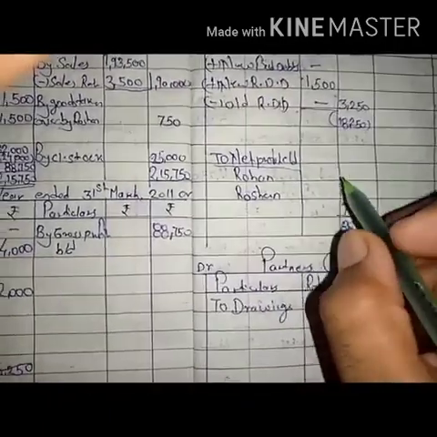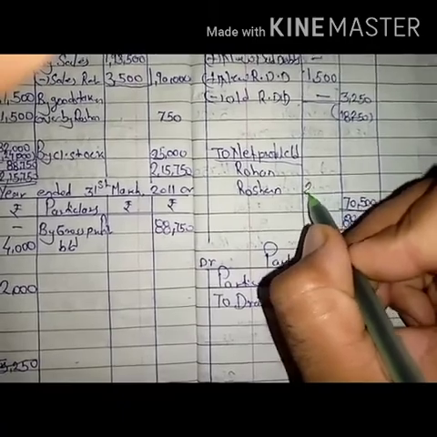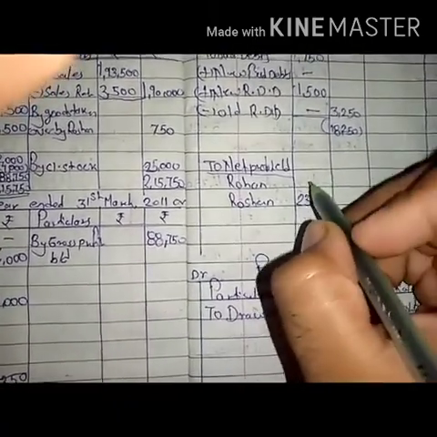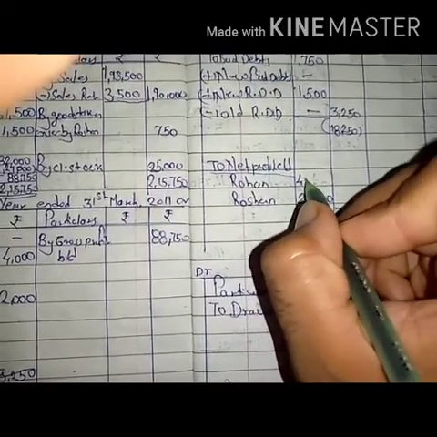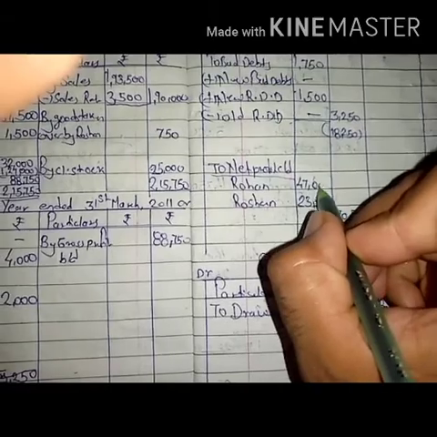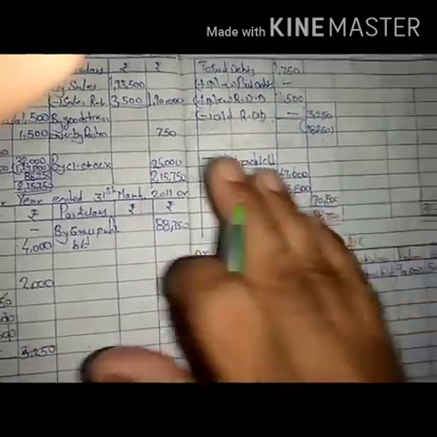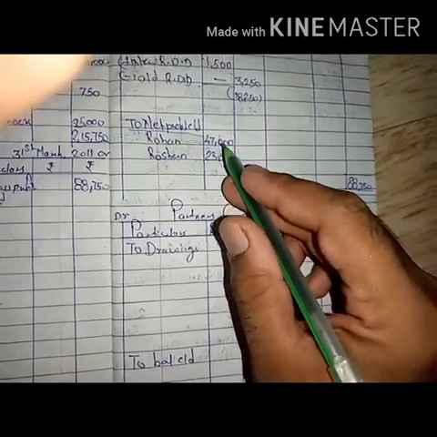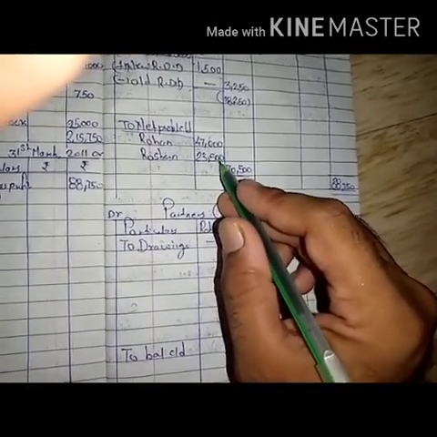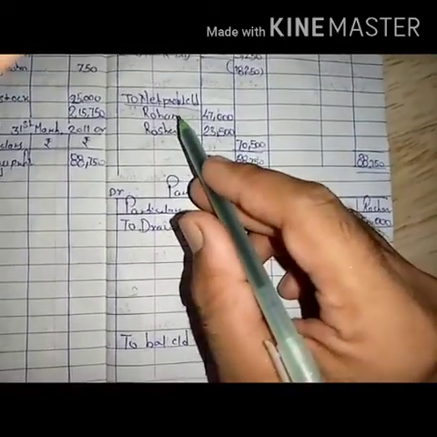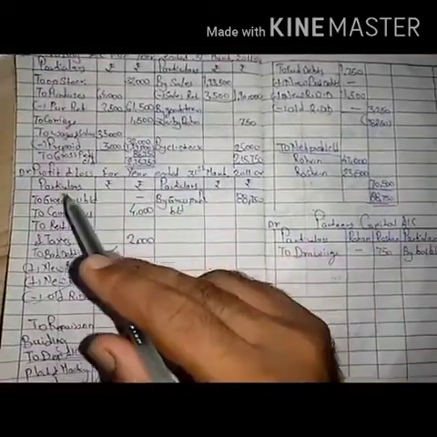As I divided, I found 23,500 one part, and after multiplying it by 2, I found 47,000. You can divide it by 3, you will find the one part. This is 2, this is 1, as the business has 3 parts. This profit came on the debit side of the profit and loss account.